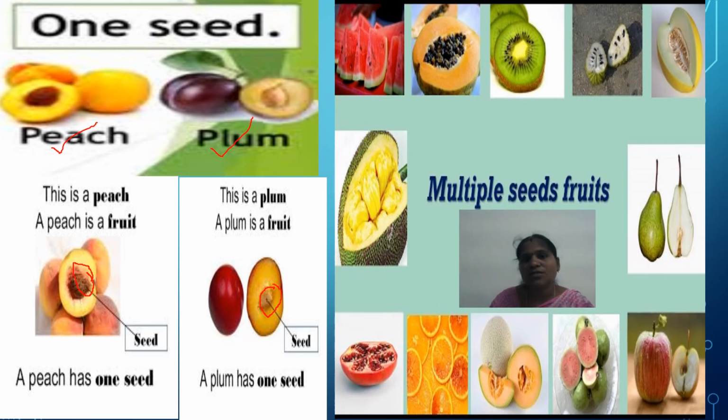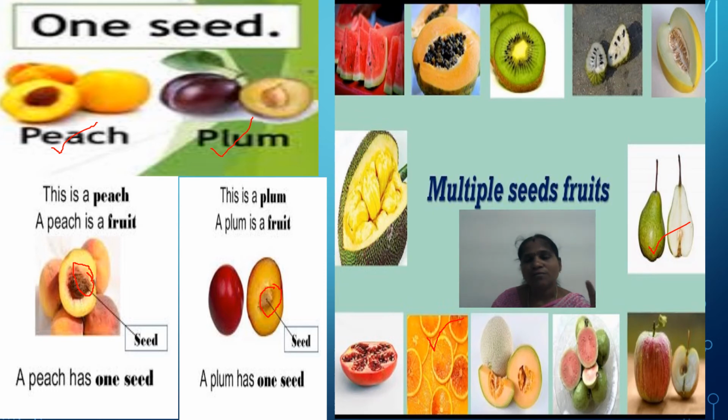And here observe this. In this picture, multiple seed fruits, we can observe some of the fruits have only few seeds. Observe this picture, which fruits have very few seeds, like sweet lemons, grapes, pear, such kinds of plants, even apple.